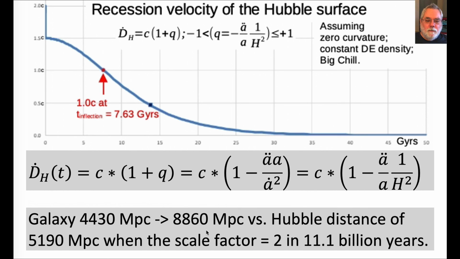That galaxy will be 8860 megaparsecs from us then. The Hubble distance will be 5190 megaparsecs then, and the galaxy will be beyond the Hubble distance for that time and forever after, receding faster than the speed of light, while the Hubble distance recedes at less than the speed of light.